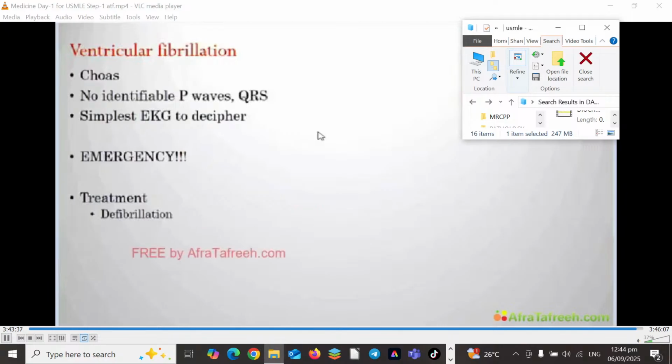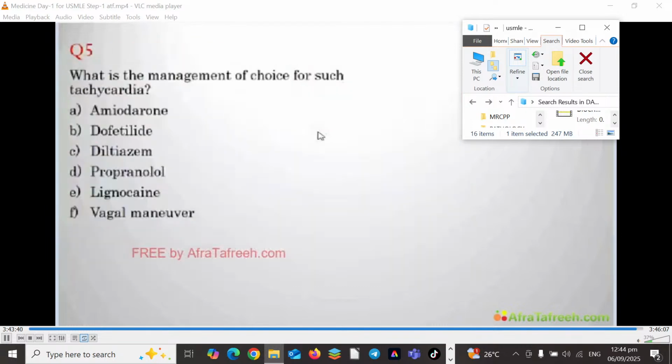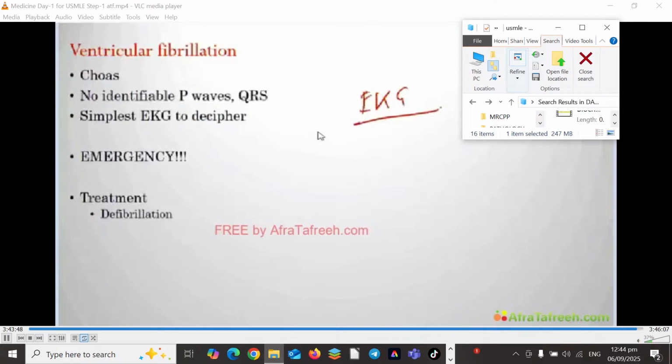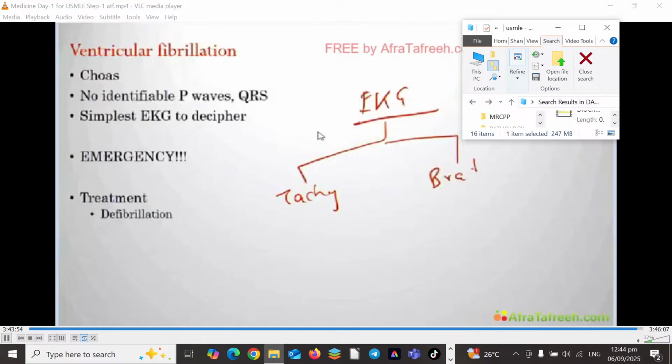So the topics for tomorrow, we would be talking more about EKGs. I would be talking about tachy and bradycardias. We'll be covering heart sounds, like how the murmurs are generated, how you can approach a question of murmurs. I believe EKG would take us say an hour and a half more, and heart sounds about 1.5 hours more.